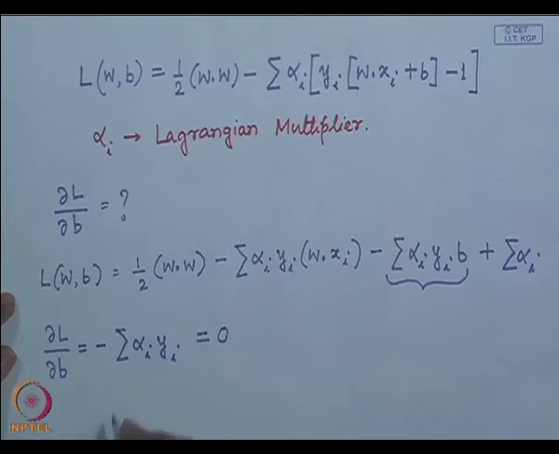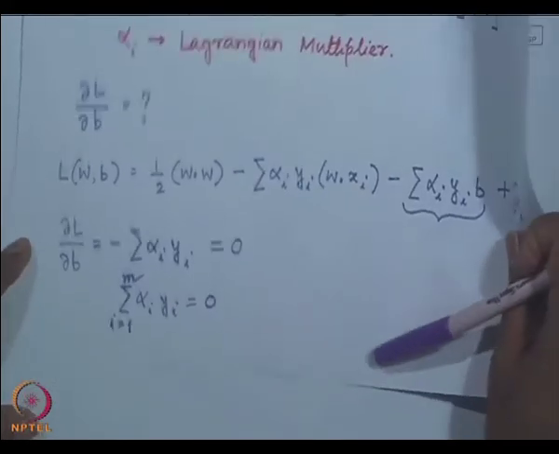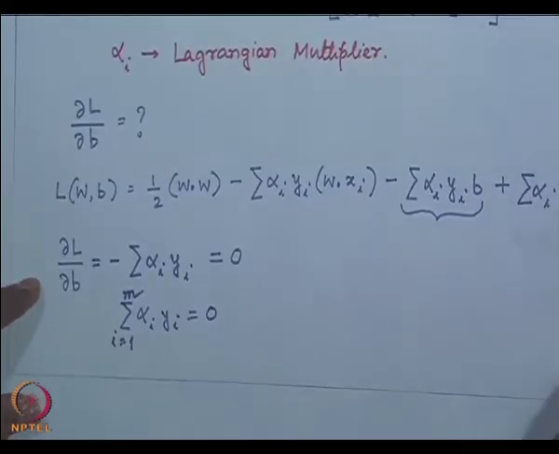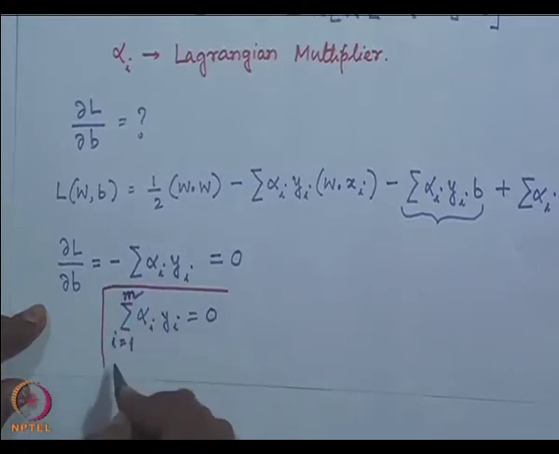So, I get one constraint, that sum of alpha_i y_i has to be equal to 0 for i varying from 1 to say m, where m is the number of feature vectors which are given for designing the classifier. So, this is one of the constraints that I have.